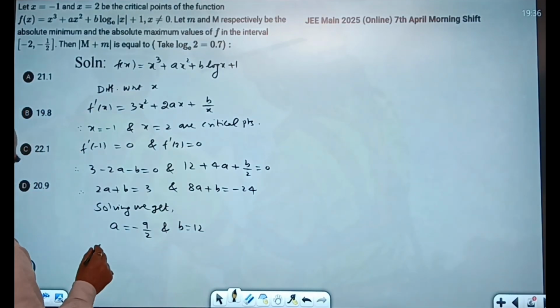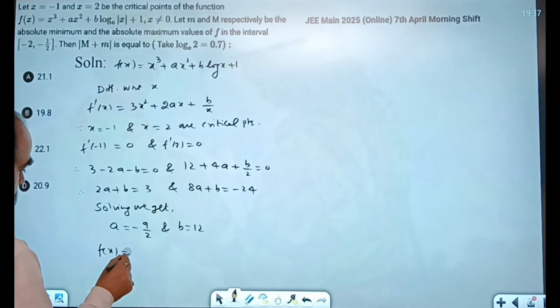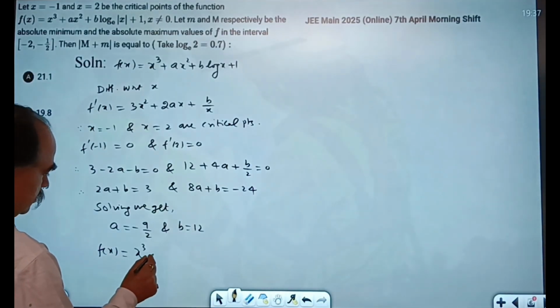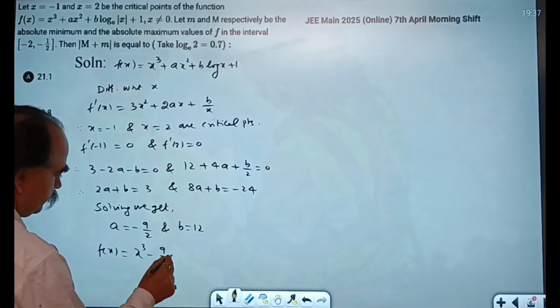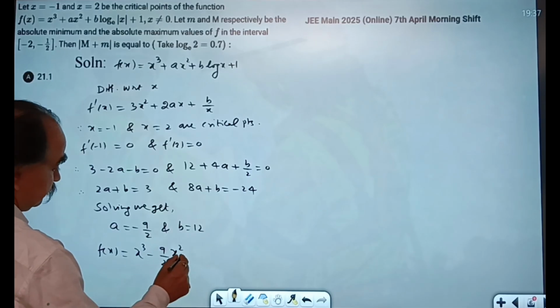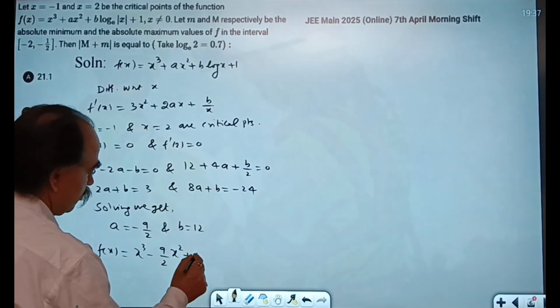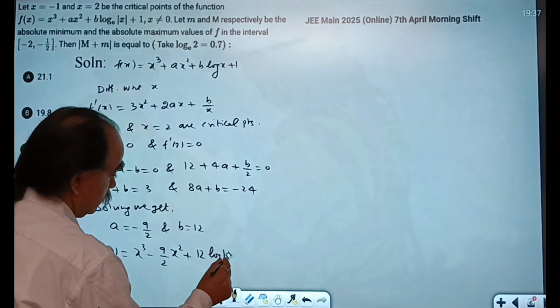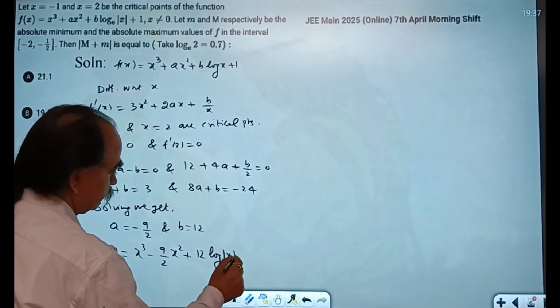So f(x) will become x cube minus 9 upon 2 x square plus 12 log x plus 1.